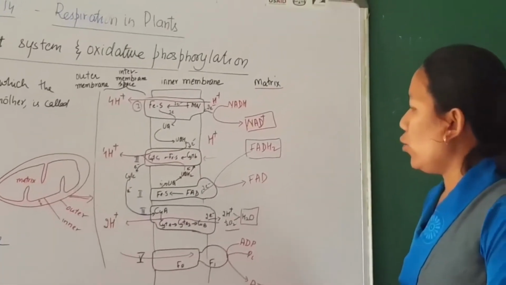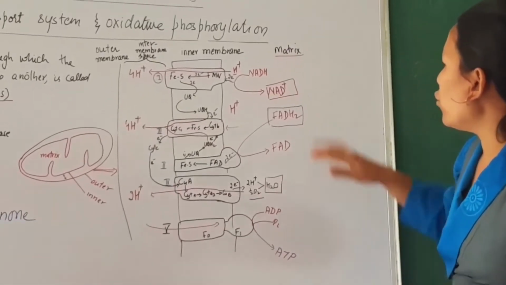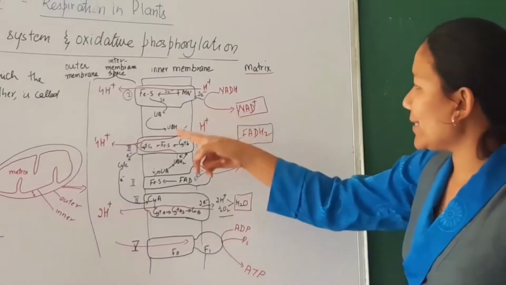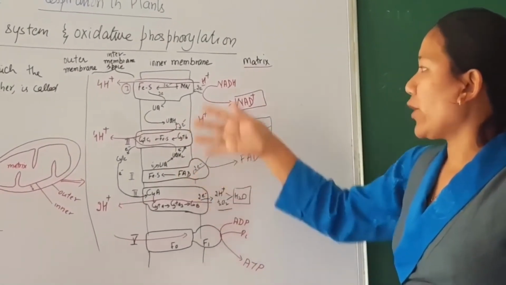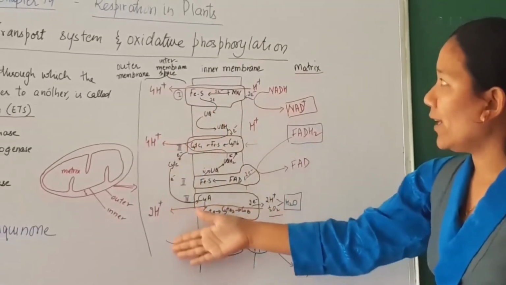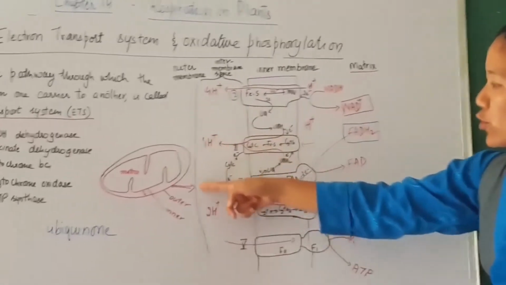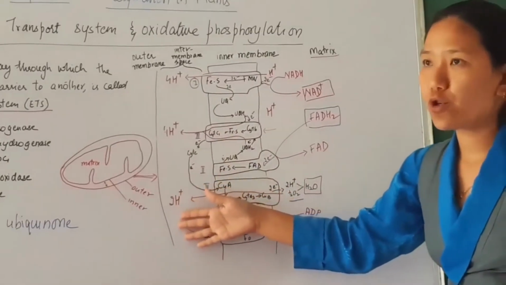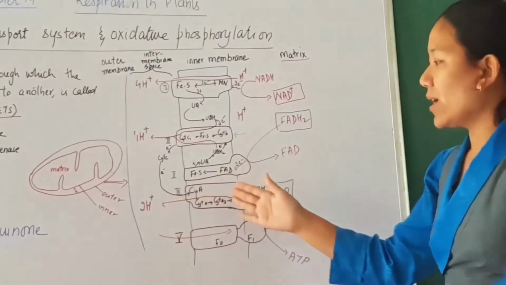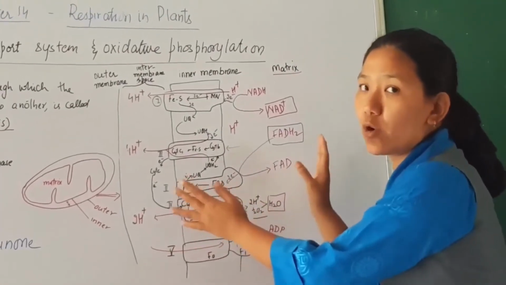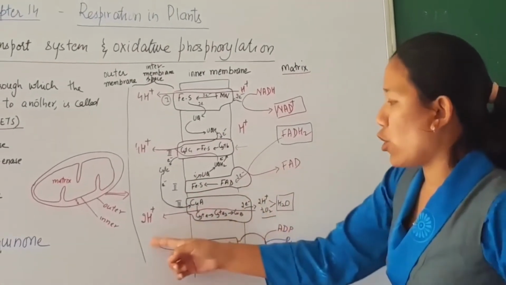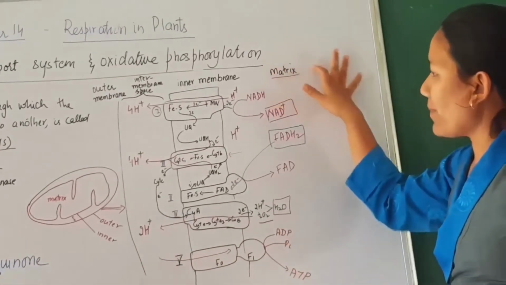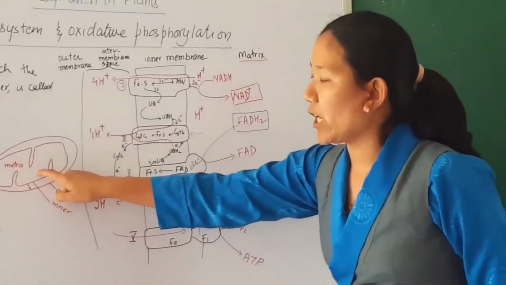Okay, now these two act as a source of electron for the ETS, and this ETS leads to the accumulation of proton in the intermembrane space, and because of that accumulation there is a gradient, a difference in the concentration. So this proton tends to move towards the low concentration region, that is into the matrix. So from here it is moving to the matrix.